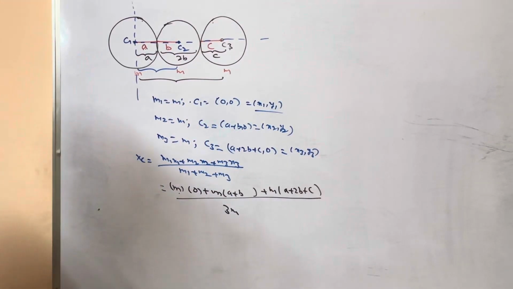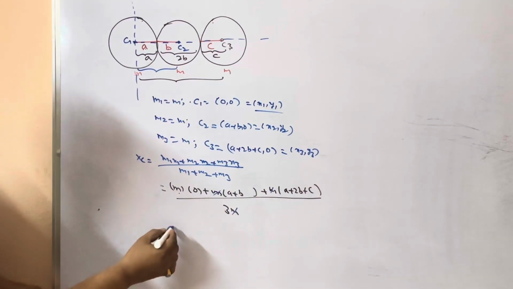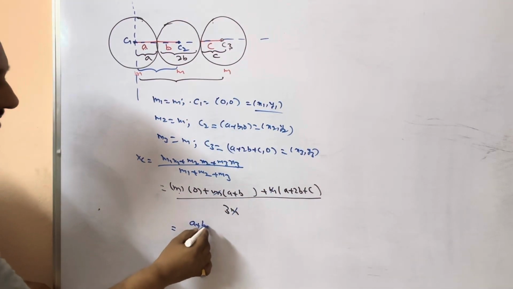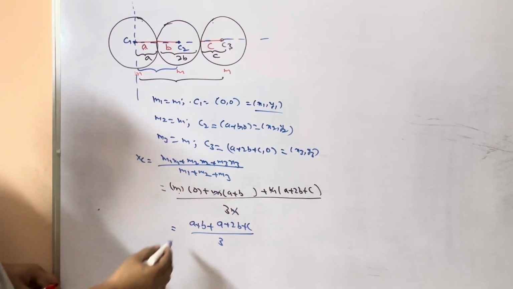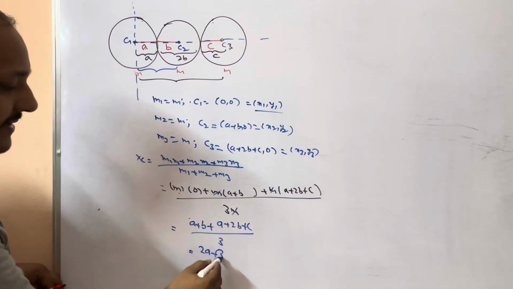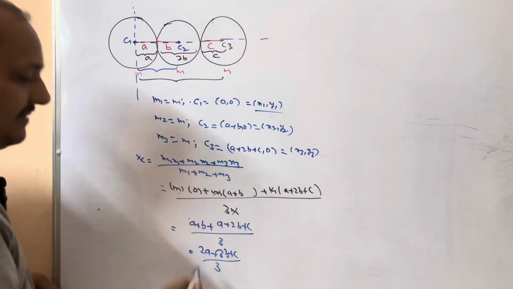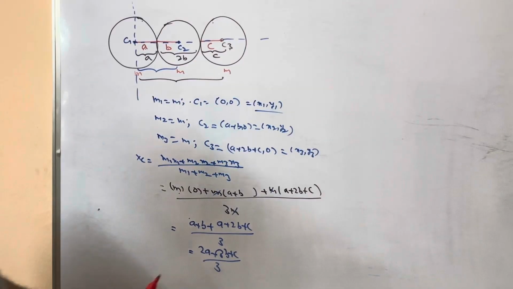So m will be cancelled among all. Remaining, with simple calculation, that is a plus b plus a plus 2b plus c by 3. So a plus a is 2a, b plus 2b is 3b, plus c by 3. This is the position of center of mass.